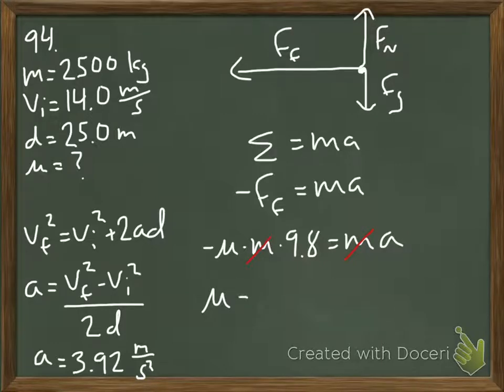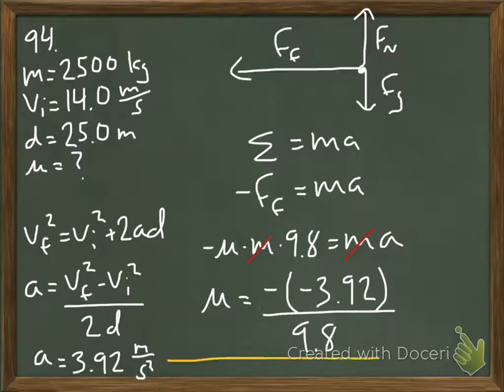Now we can solve for mu by doing some division here. The acceleration is exactly what I found in the first part. Again, I had forgotten to write the negative the first time, but I wrote it in there the second time. So your negatives turn into a positive, and then you get a positive value for mu. Remember that mu is a coefficient between 0 and 1 that is always positive.